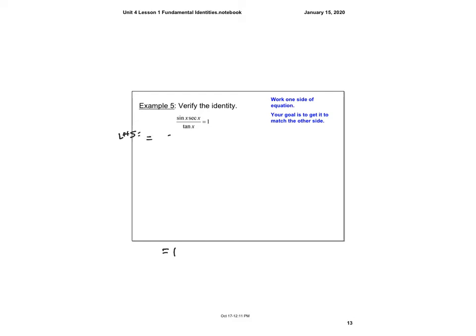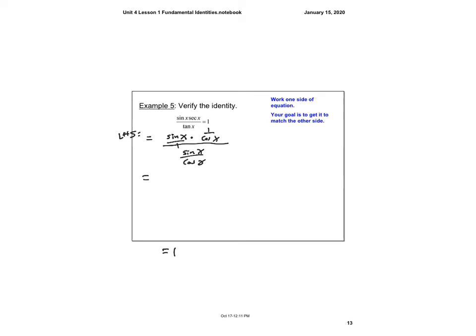Sine, I don't really know what to do with just a plain sine, but I can change that secant into 1 over cosine. Tangent, I can change into sine over cosine. All right, and I'm going to put this over 1.